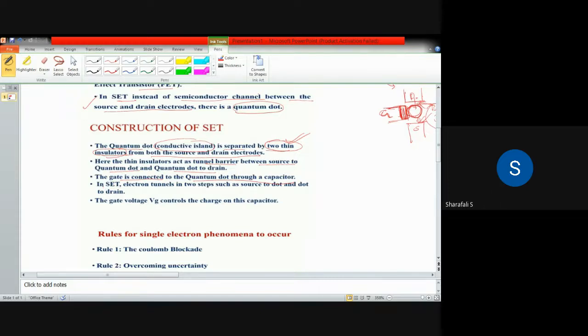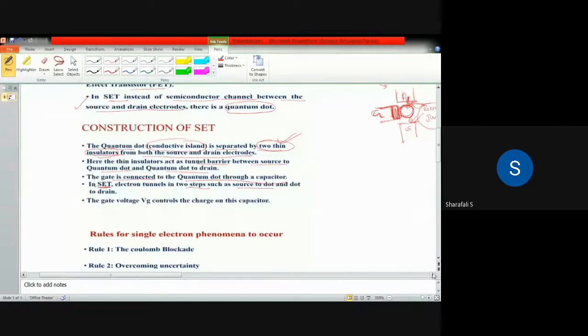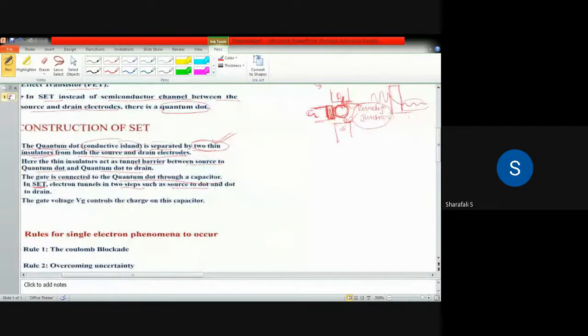In a single electron transistor, the electron tunnels in two steps. The electron will be flowing from source to quantum dot first, then from quantum dot to drain. This is how the electron flows, while the current will flow from drain to source.